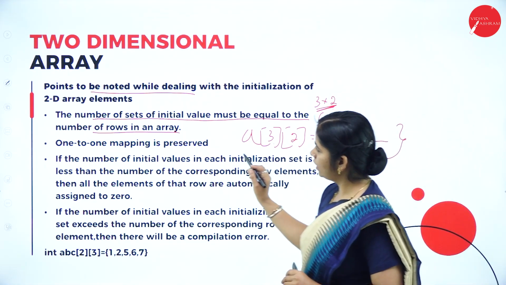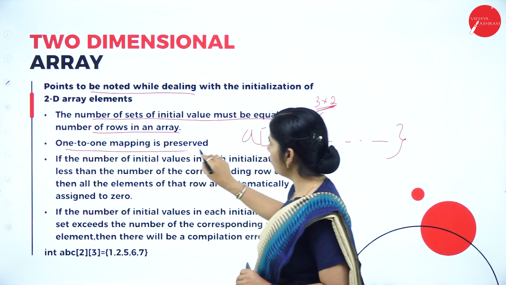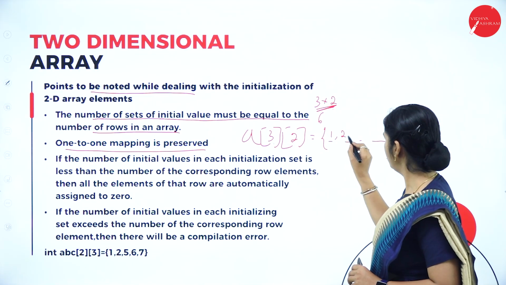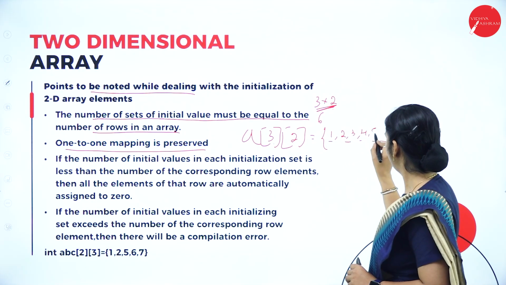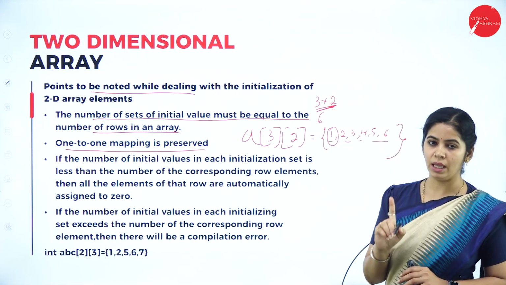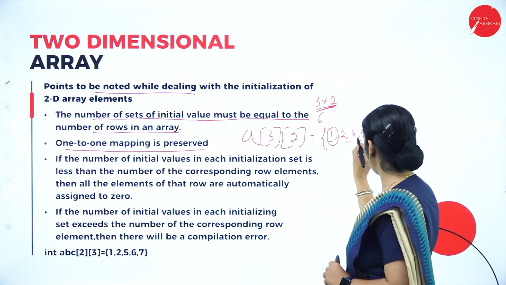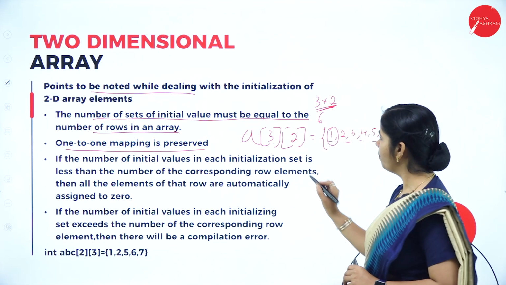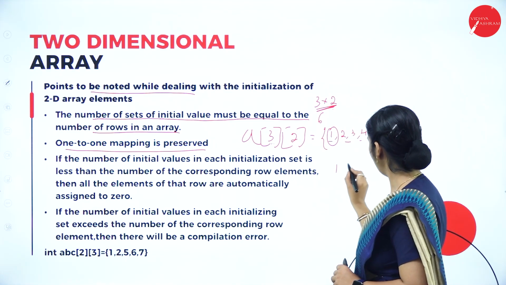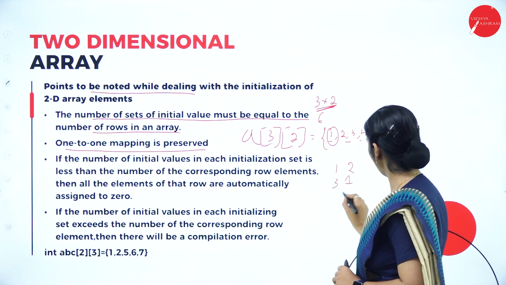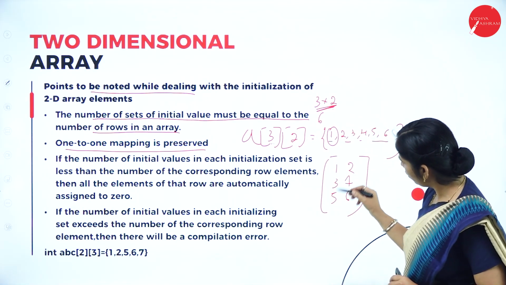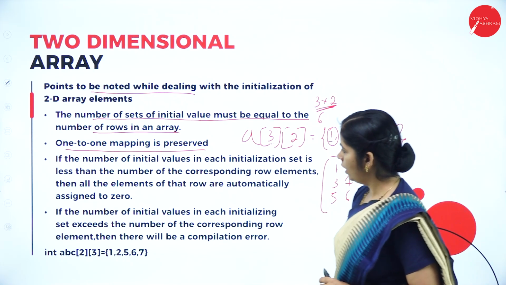That is what it is saying, and one-to-one mapping is preserved. Means elements 1, 2, 3, 4, 5 and 6, one element will be given to one place. Let's represent that in the form of a 3 by 2 array matrix: 3 rows, 1, 2, 3, 4 and 5, 6. This is a matrix representation, 3 rows and 2 columns, right?